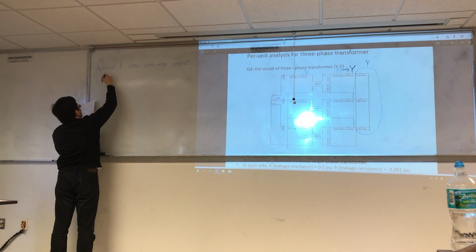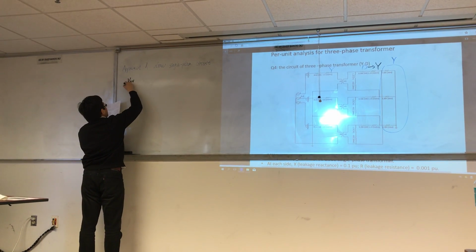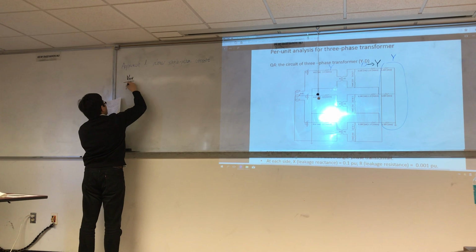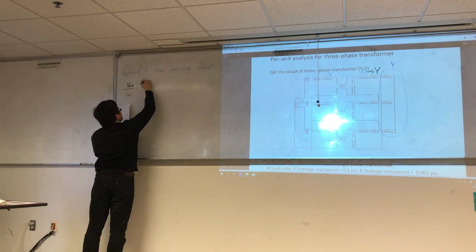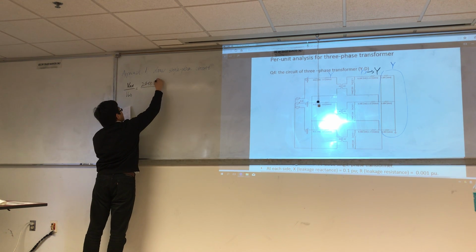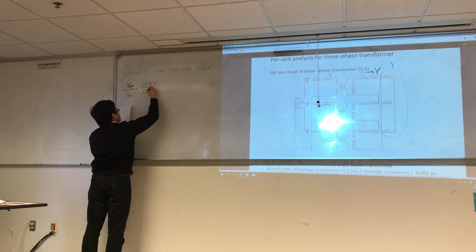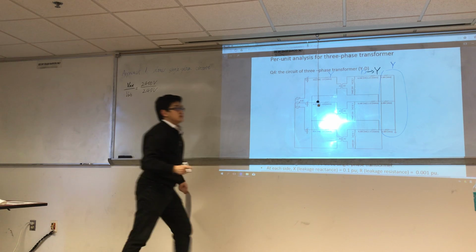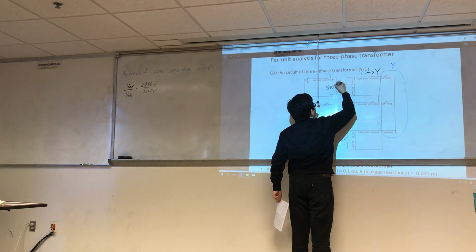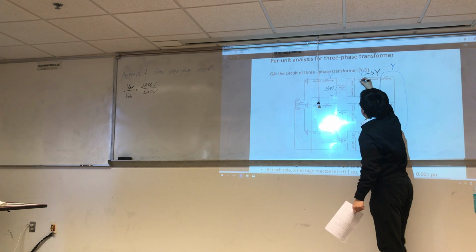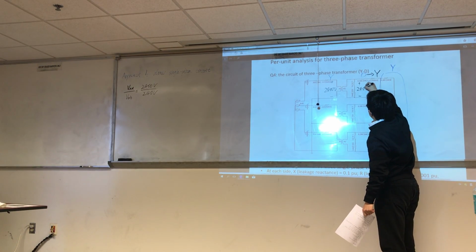So the voltage will be VAN, VAB. This is the voltage, right? 2,400, and this side is 240.